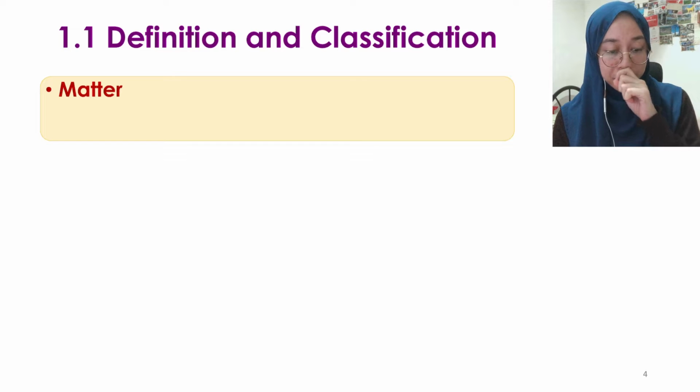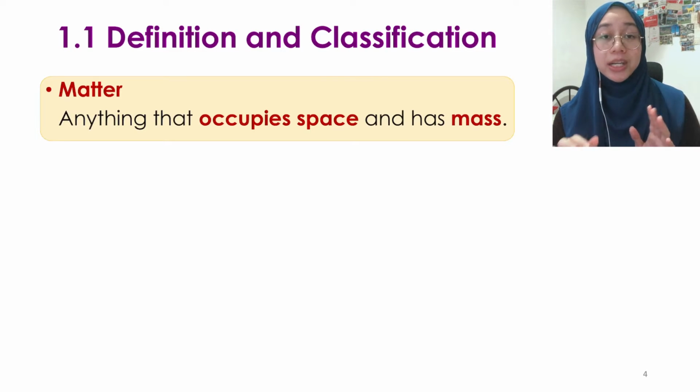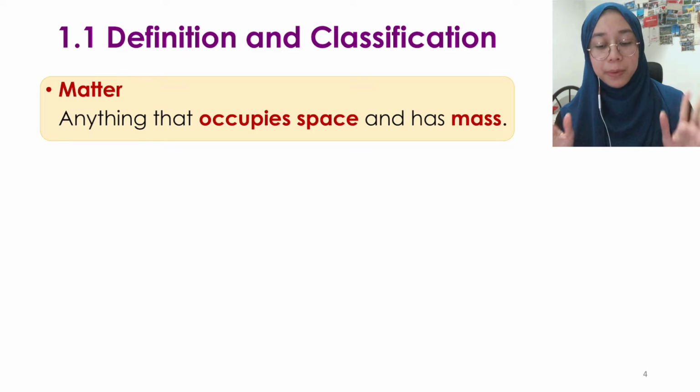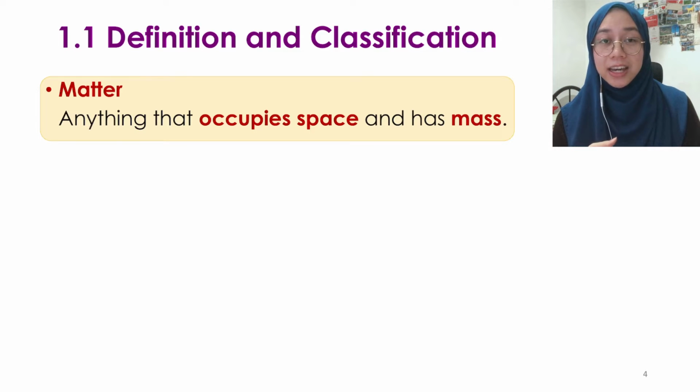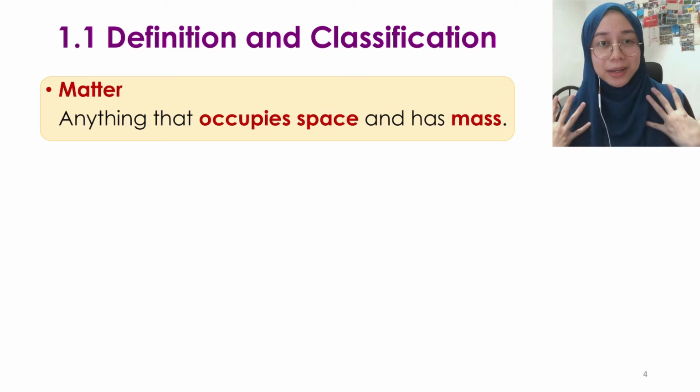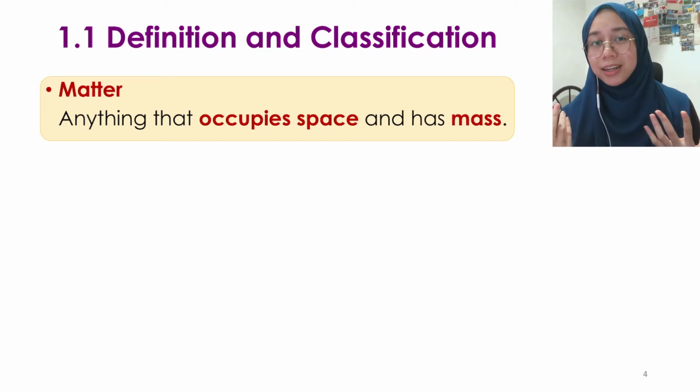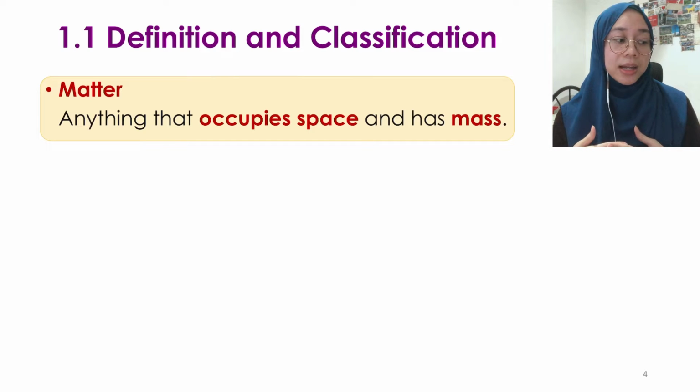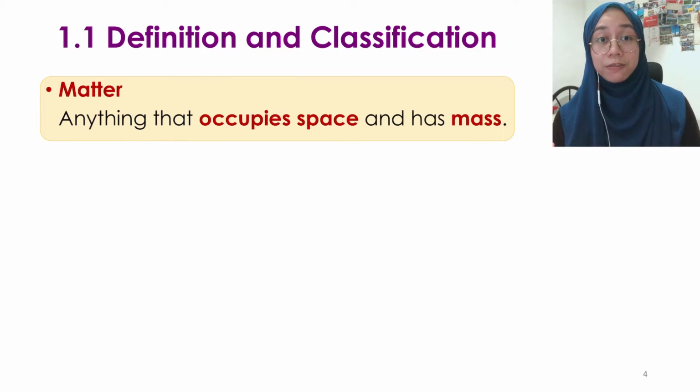For matter, the definition is in the yellow box. It is anything that occupies space and has mass. For example, us, humans. We are matter because we occupy space. Let's say a room is filled up with so many people, the room will be full, right?